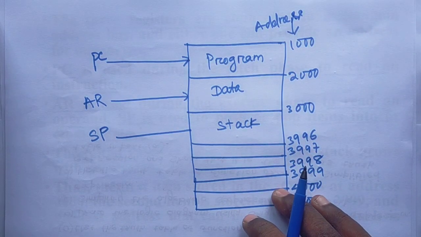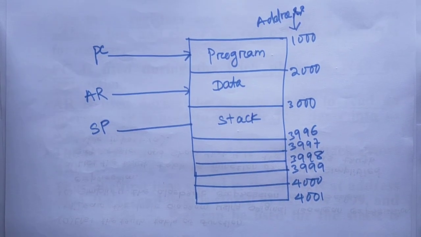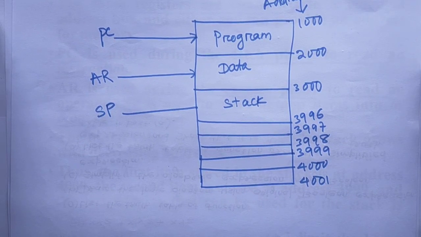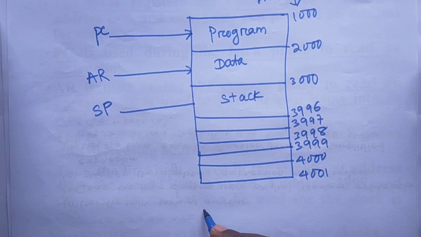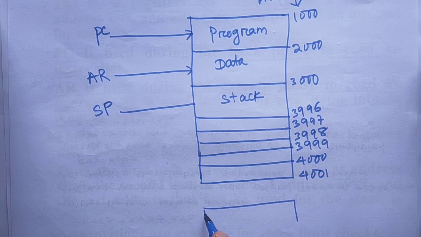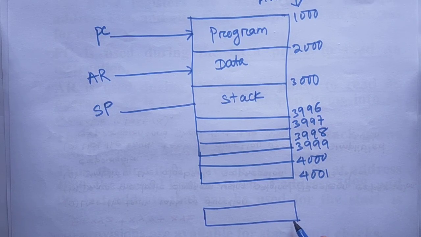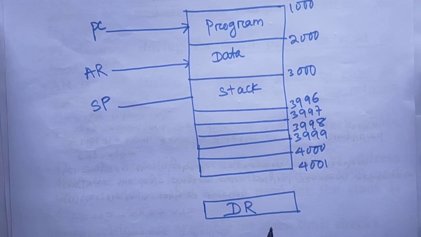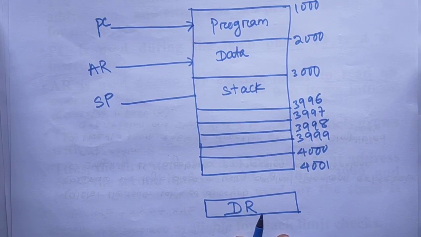This part is the address part, and at the bottom there is another part also. I will tell you how it is defined. Since there is a data register, DR, we will consider it at the bottom of that memory, because it is another register that keeps the data.